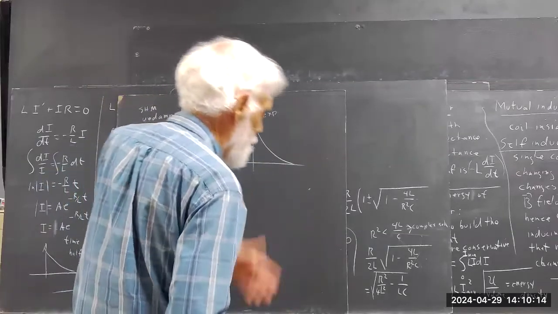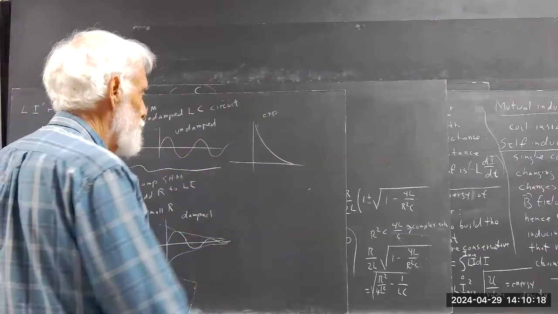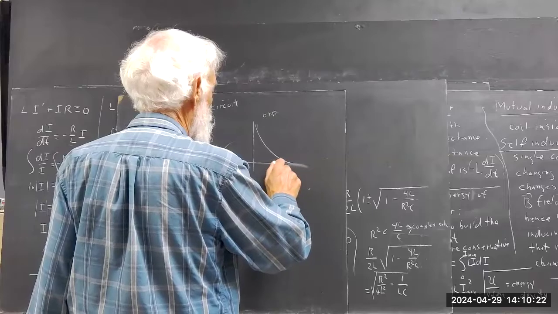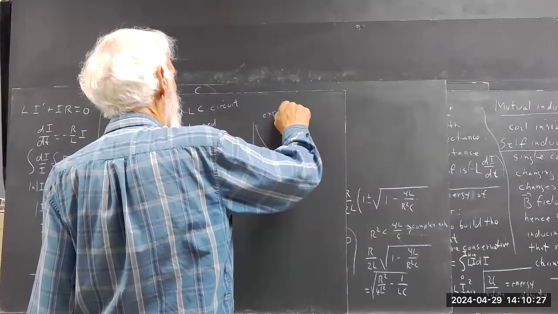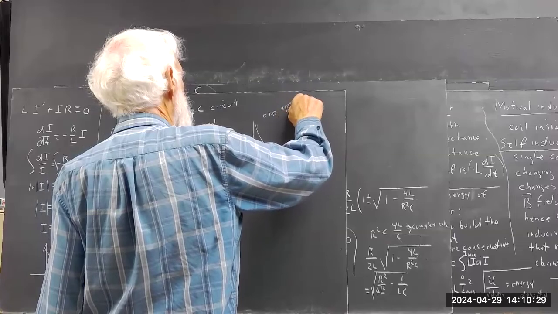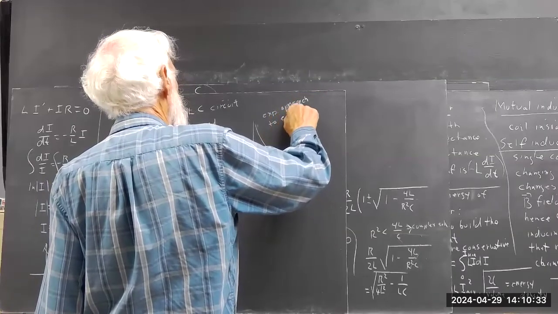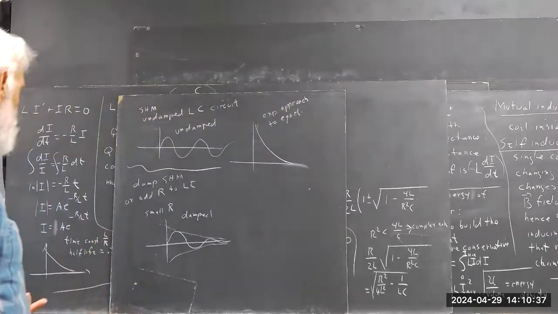And actually, it never actually reaches equilibrium, because your exponential function never actually reaches the asymptote. We have an exponential approach to equilibrium, and that's for either circuit.